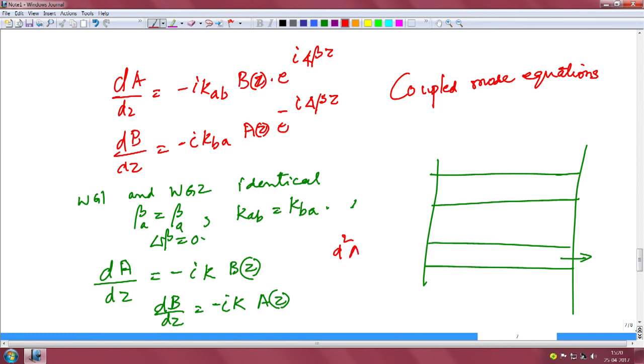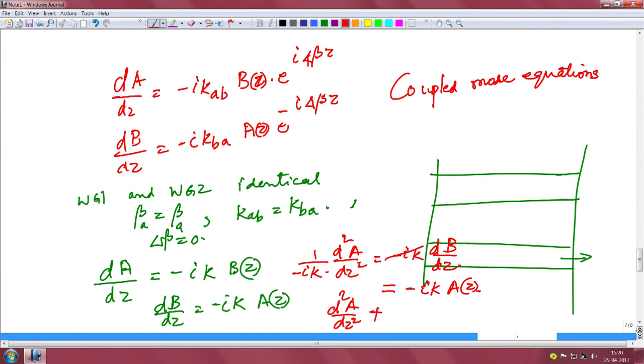So, you have d square A by dz square equals minus ik dB by dz. For dB by dz I can replace with minus ik A of z, and so we have d square A by dz square plus k square A of z equal to 0.